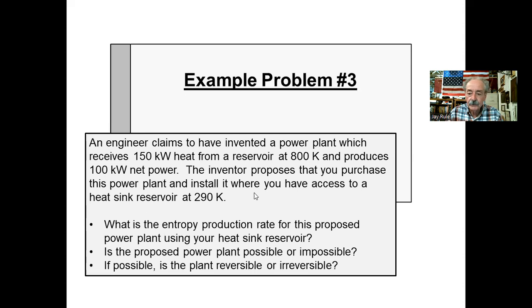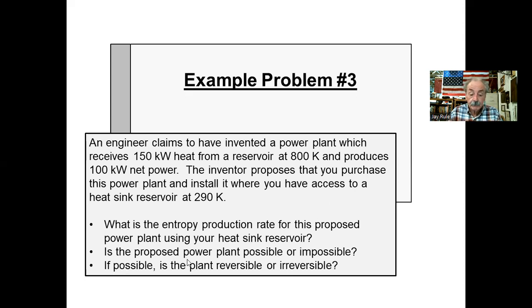Now I understand that you've got a nice river available, and so I want you to hook up what you're purchasing from me to the river heat sink. It's at 290 K, so you're going to be rejecting heat from the power plant at 290 K. What's the entropy production rate for this proposed power plant using your heat sink?